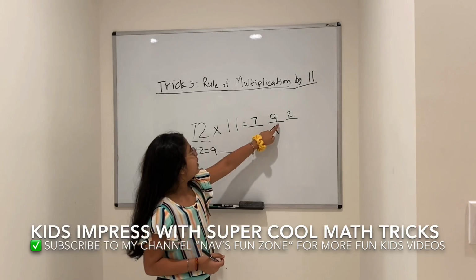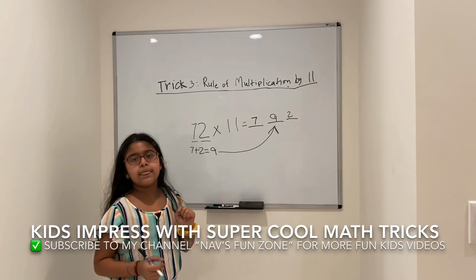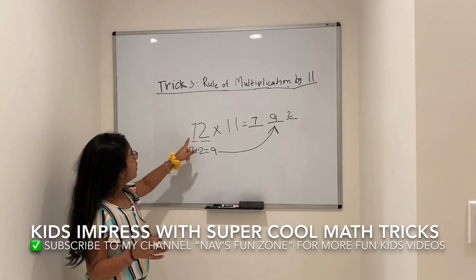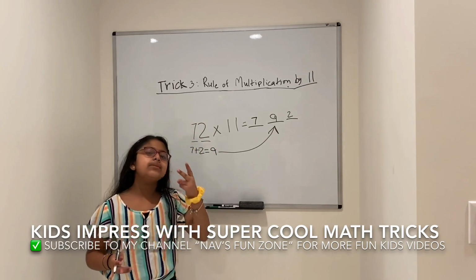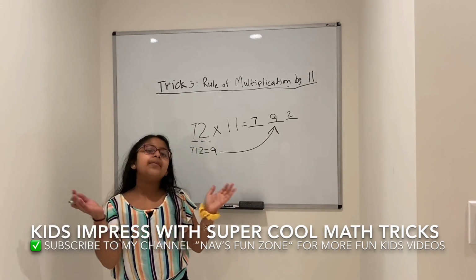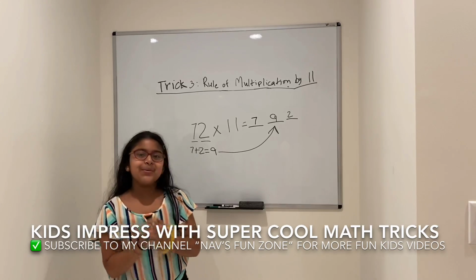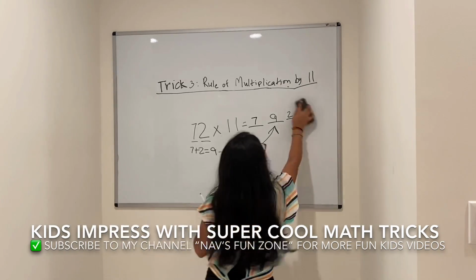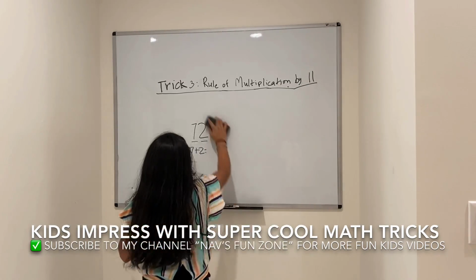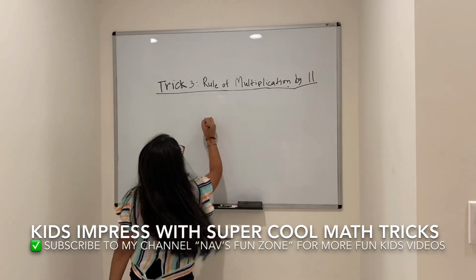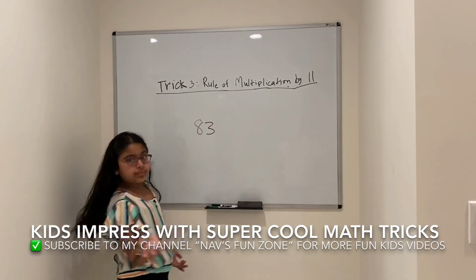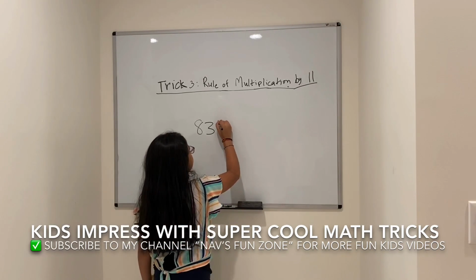Okay, so we know 9 is in the middle. But what if this number adds up to a 2-digit number? What would happen then? Well, I'm going to show you. Okay, let's take 83, so let's do 83 times 11.